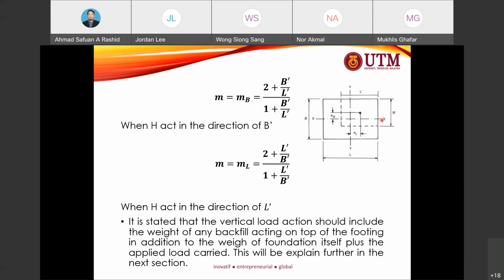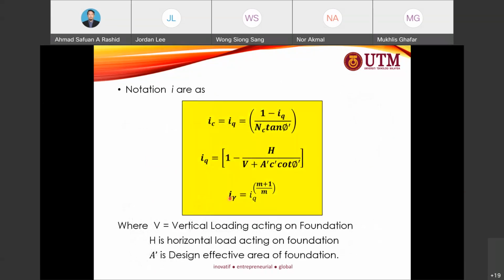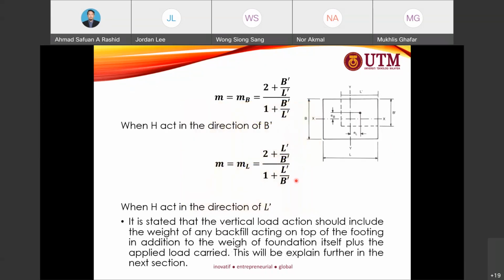For example, if the location of the loads is here, we need to count what will be the M_B and also the M_L, then include them in the calculation for the i gamma, where x is in the direction.